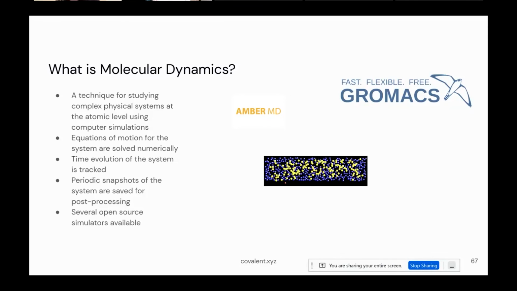Once you have that system and the interactions defined, you just evolve the system forward in time by solving the numerical equations of motion. If you want to do analysis afterward, you can choose to save snapshots of what the system looks like at various points in time to disk. There are great open source tools already available out there, like Amber, Gromacs, and LAMMPS. Maybe some of you might already be familiar with them.